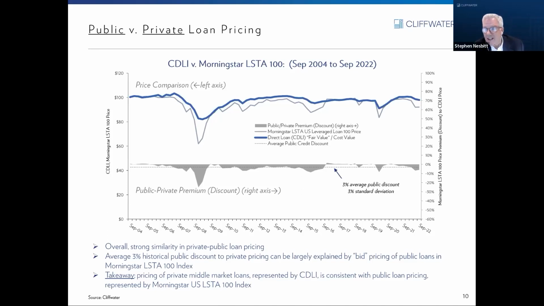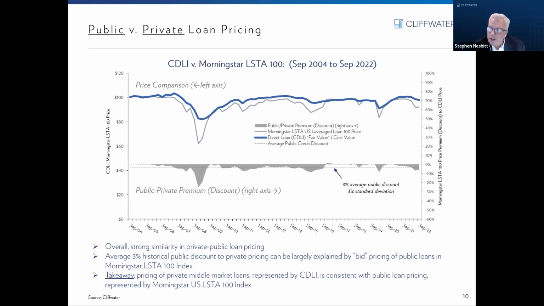The second is that discount has a very low standard deviation, 3%. So basically, pricing differences are very low, and they mostly relate to the liquidity premium.